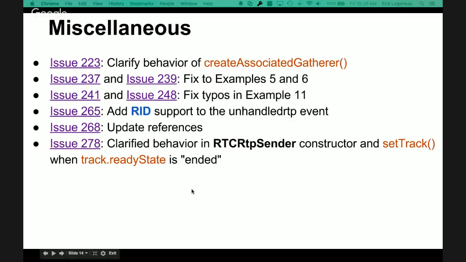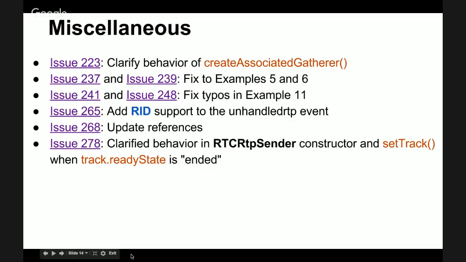FIPO just filed a bug, I think against both RTC and W3C, relating to what happens if you try to construct a sender or use setTrack when the track.readyState is ended, and basically you should throw an exception for that. And then there was clarification of the behavior of create associated gatherer in 223. Okay, next slide.